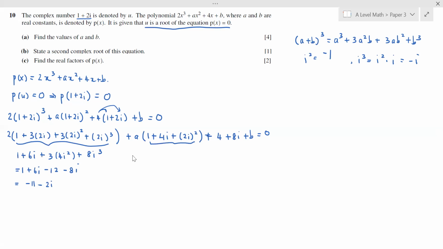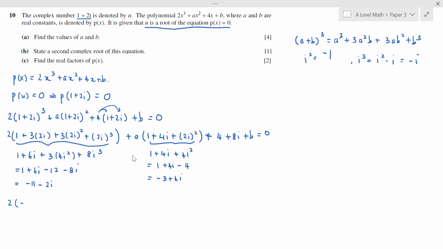For this part, we have 1 plus 4i plus 4i squared. i squared is negative 1. So that will give us 1 plus 4i minus 4, which is negative 3 plus 4i. Then let's just simplify this.